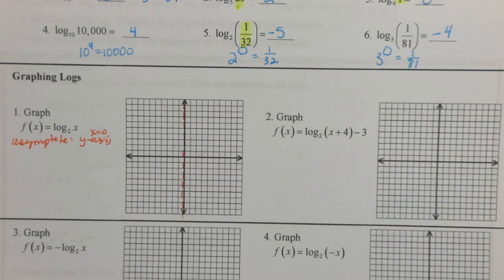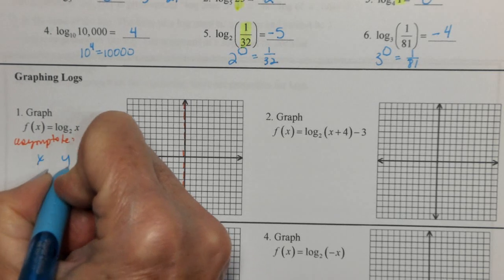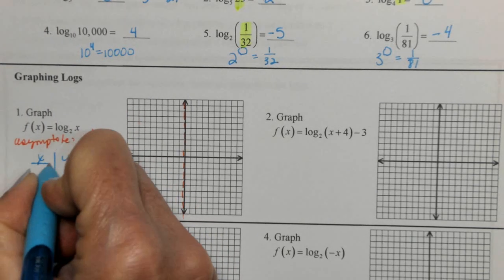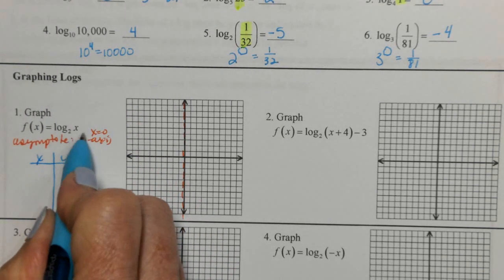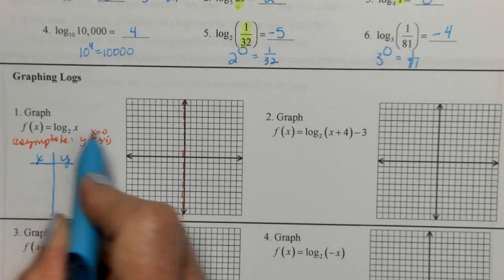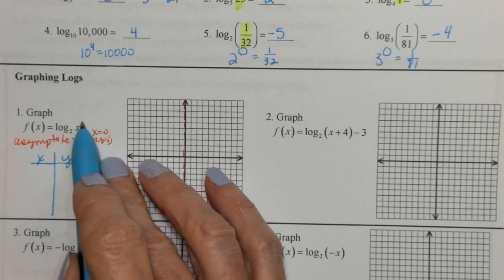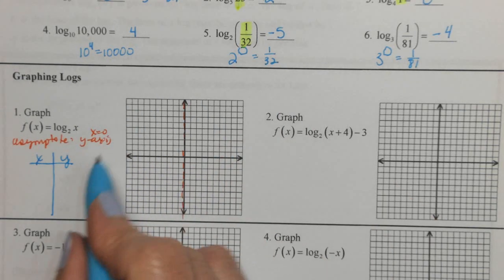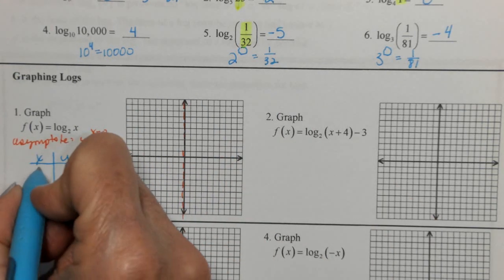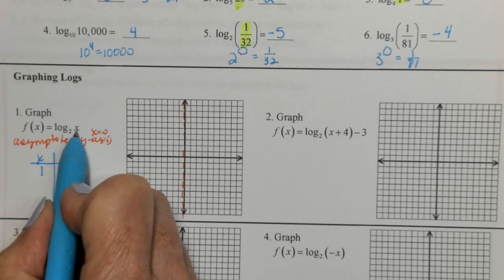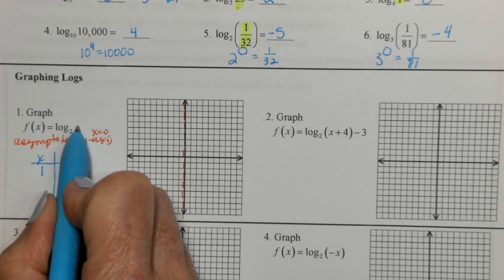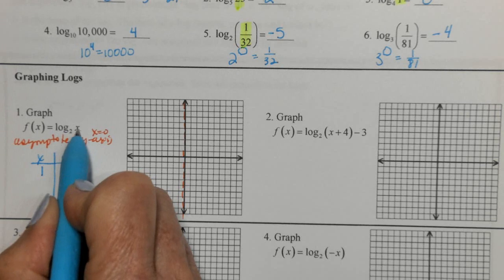And now let's get a few values. I'm going to make up a little xy chart. I know the argument cannot be 0. There is no exponent on 2 that would make the argument 0. So let's start with 1. Log base 2 of 1: 2 to what power is 1?